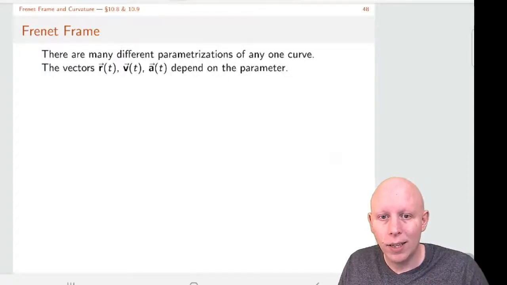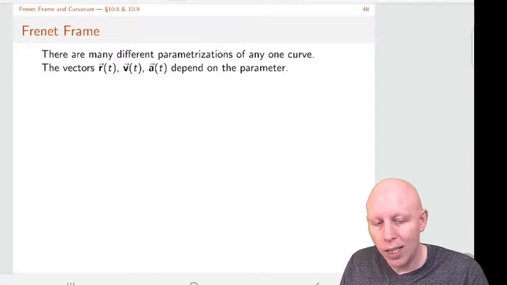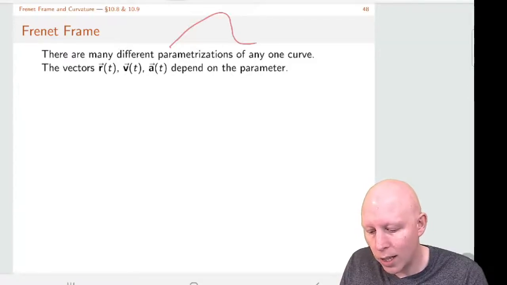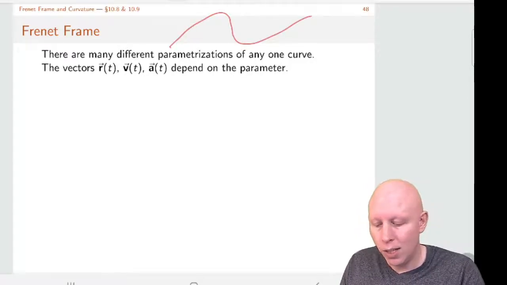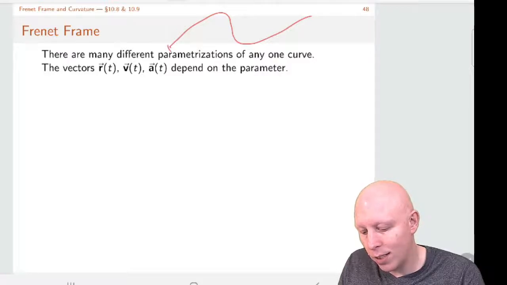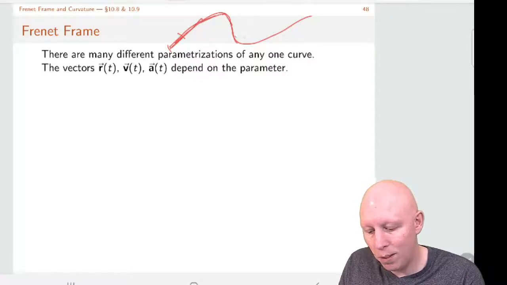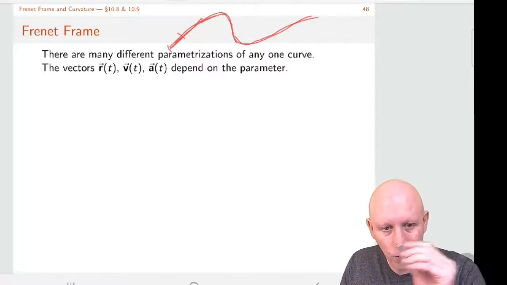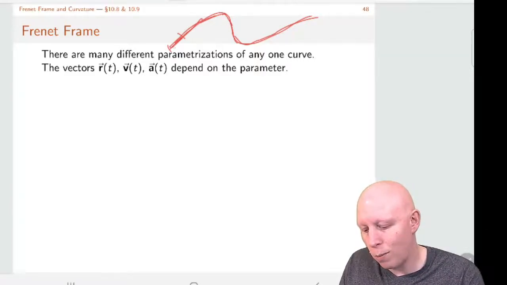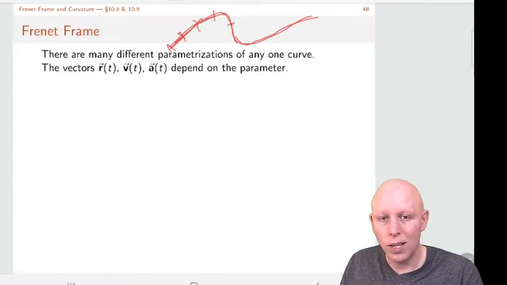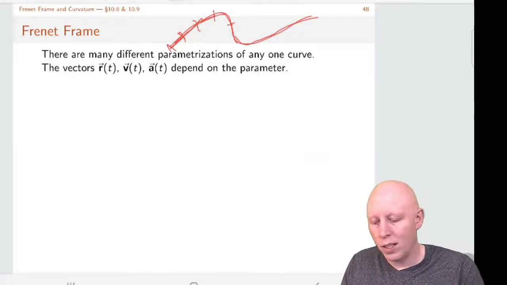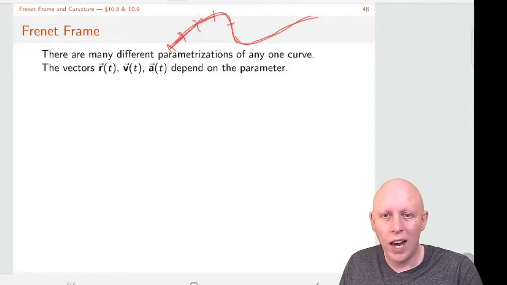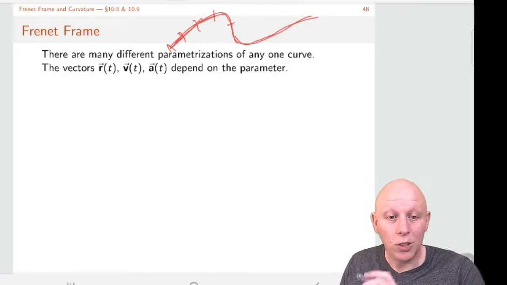Welcome back. Last time we were talking about taking a curve and reparameterizing it so that instead of the parameter t representing the time when you visit a location on the curve, we could represent it by the distance traveled along the curve. But the curve really has many different ways that you could travel along it.